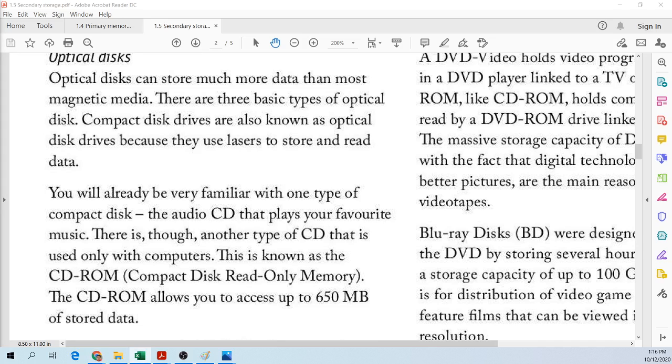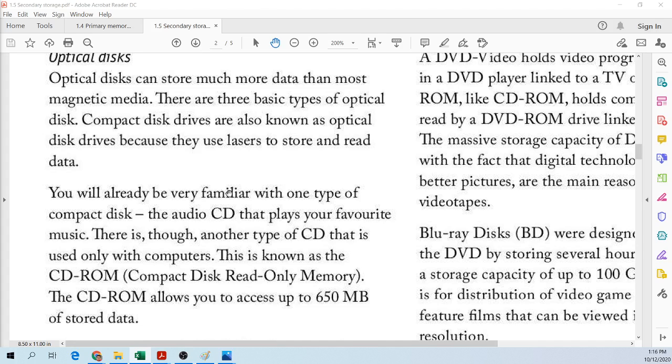There is, though, another type of CD that is used only with computers. This is known as the CD-ROM, compact disk read-only memory. The CD-ROM allows you to access up to 650 megabytes of stored data.